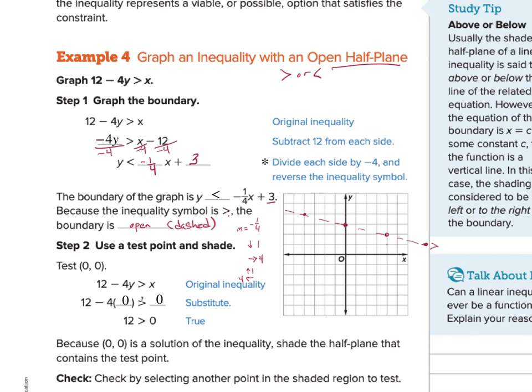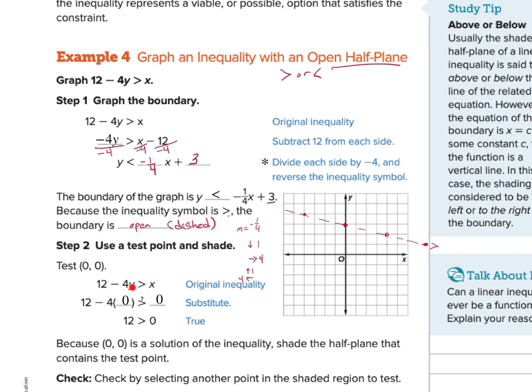Okay, and now you have to test which way we are going to shade. The easiest thing for me is to test the origin, 0, 0. Here we have 12 minus 4y is greater than x. That's what we started off with.